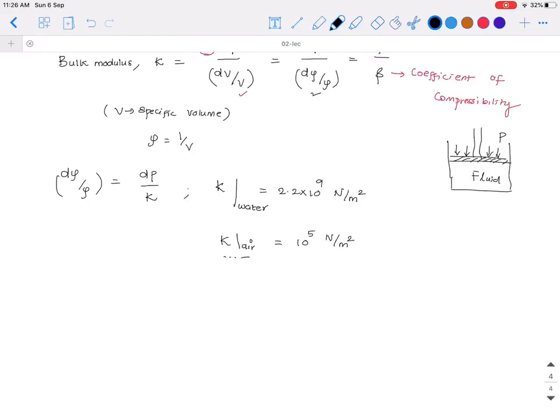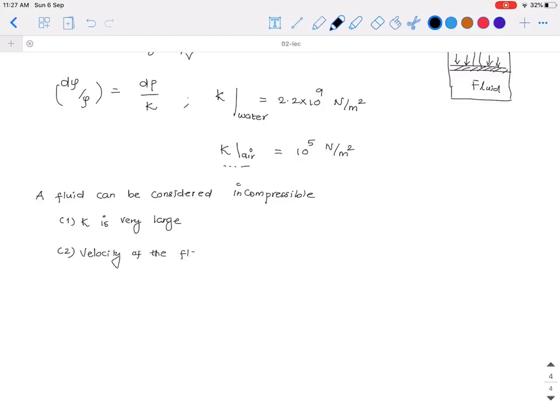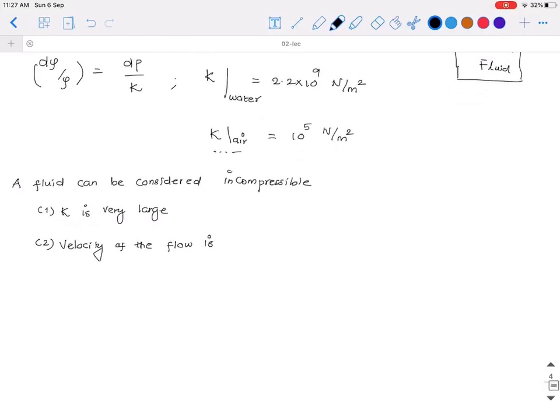Okay, is that clear? So a fluid can be considered incompressible if K, the bulk modulus, is very large, or the velocity of the flow is not very large.